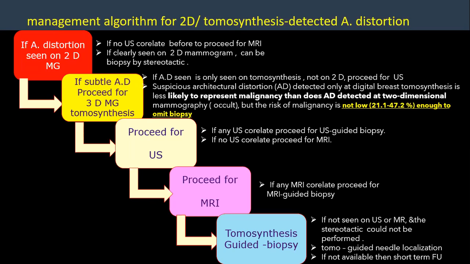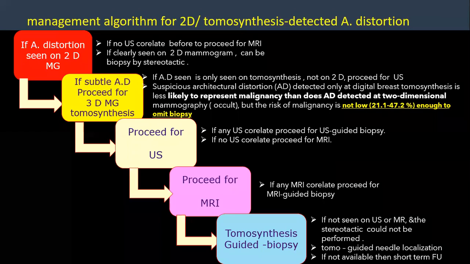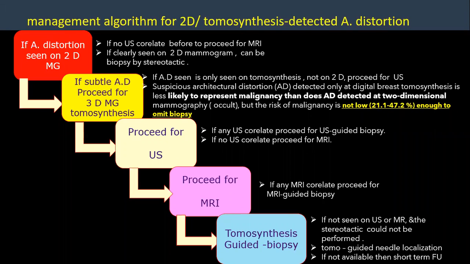You might see architectural distortion in 3D that is not seen on 2D. As we mentioned before, up to 47% of architectural distortions are detected on tomosynthesis while being occult on conventional 2D mammography.